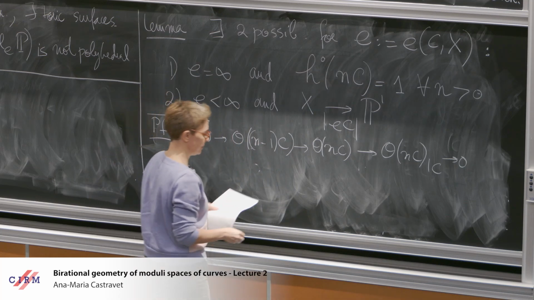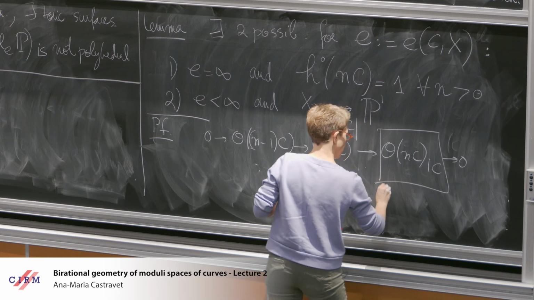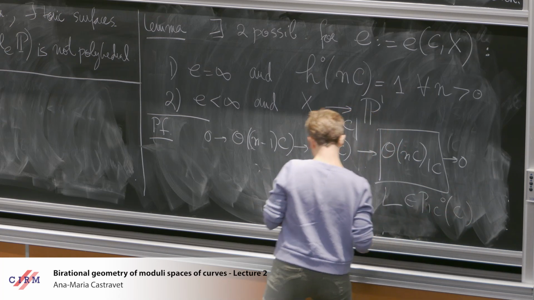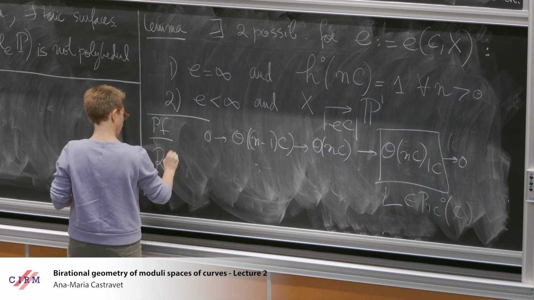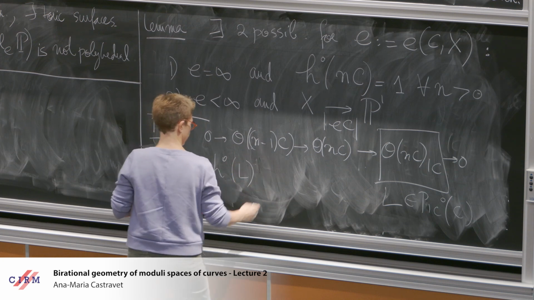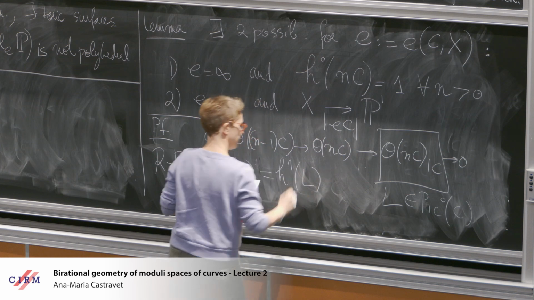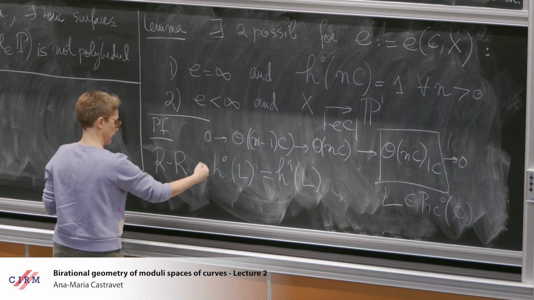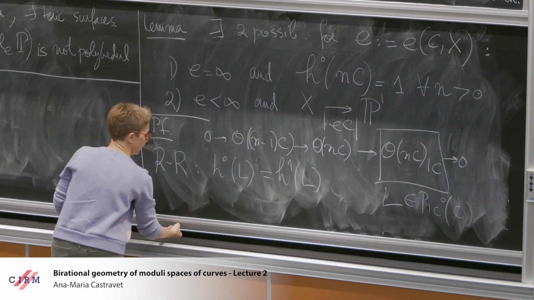Yeah, so if I look at this line bundle, this is a degree 0 line bundle. And so, by Riemann-Roch, you know that H0 is the same as H1. And then the line bundle is trivial if and only if this number here is 1.